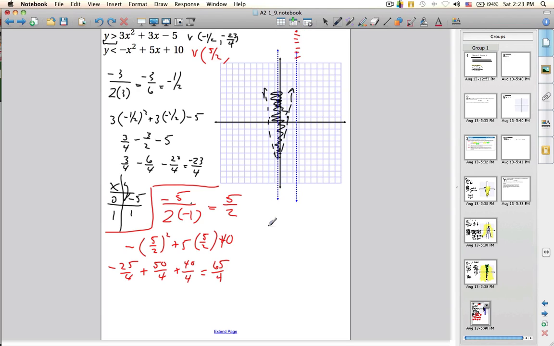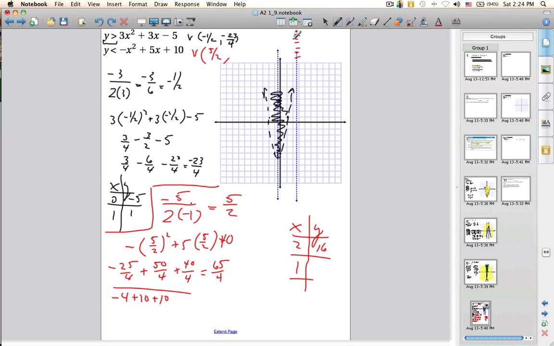Okay, and then if we go ahead and create an input-output table, I'm going to use points to the left here, so I'm going to use 2 and 1. And when I plug 2 in, I'll have the opposite of 2 squared, so that'll be negative 4, plus 5 times 2, that's plus 10, plus 10. So negative 4 plus 10 is 6, plus another 10 is 16.